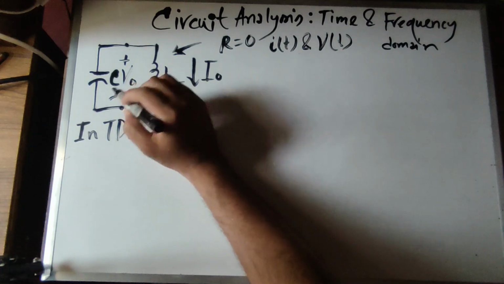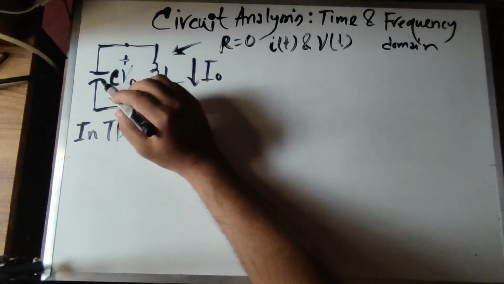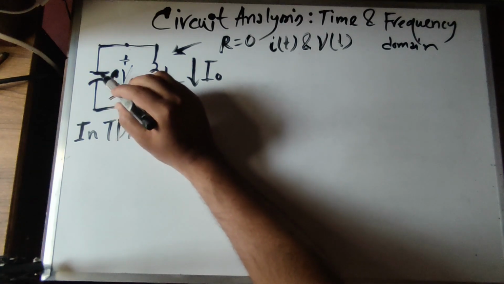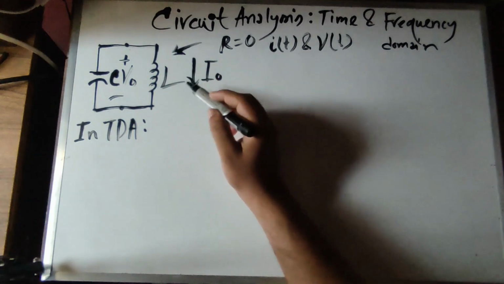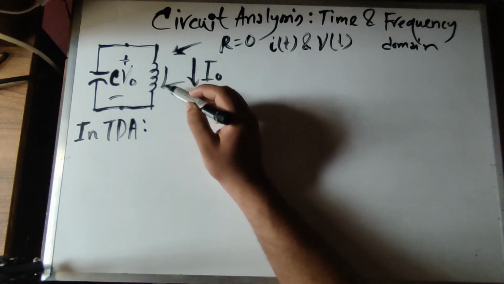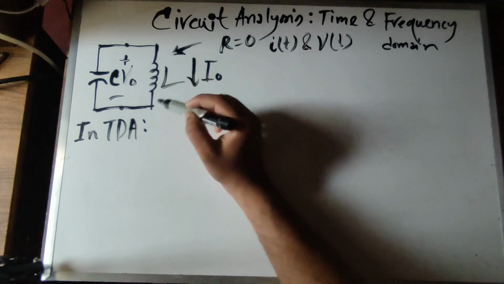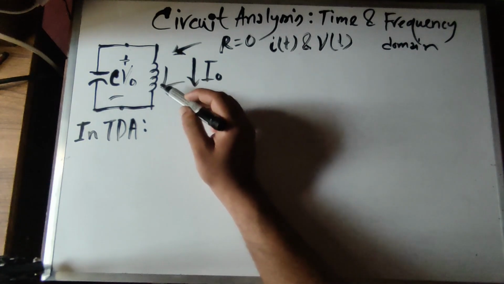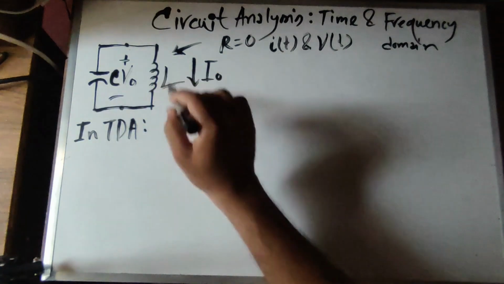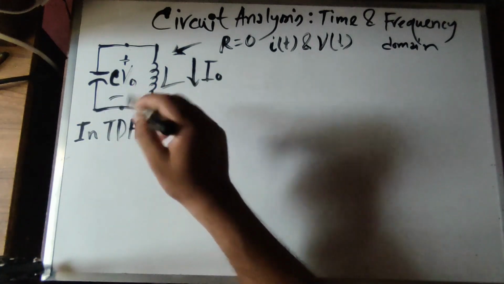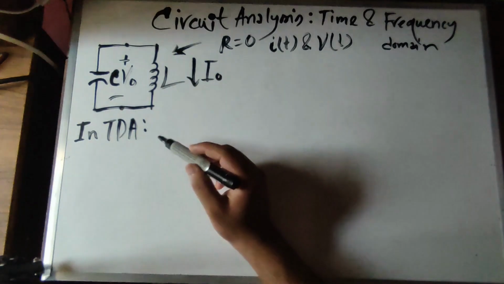The energy stored in the electric field in the capacitor will transfer to the inductor, and energy stored in the magnetic field of the inductor will transfer to the capacitor, and this will happen continuously and for indefinite time.